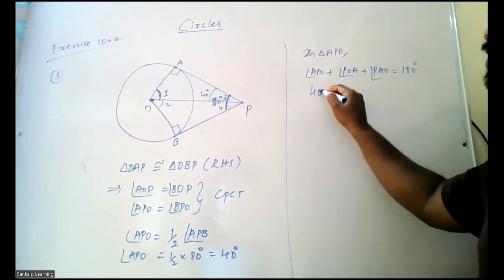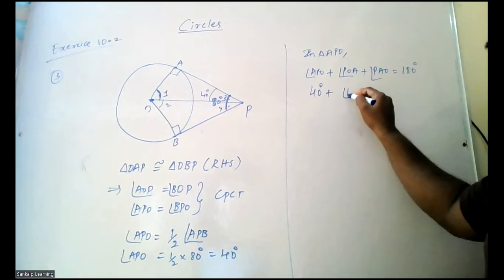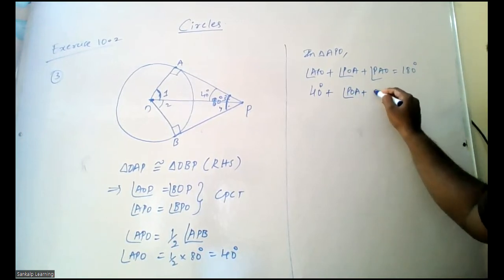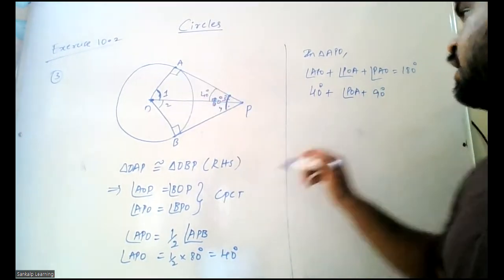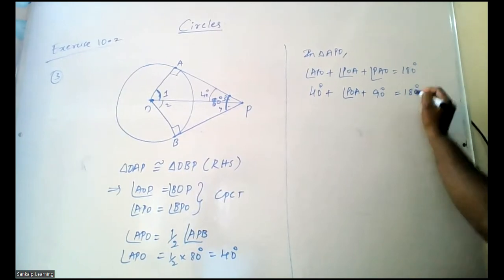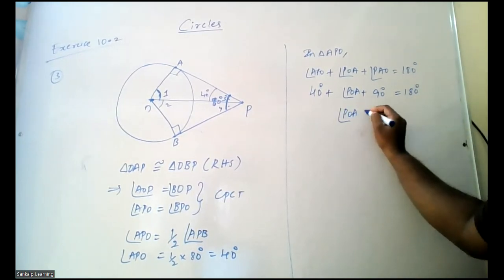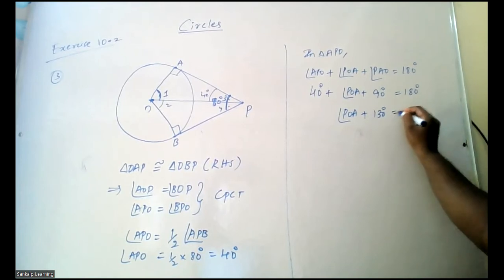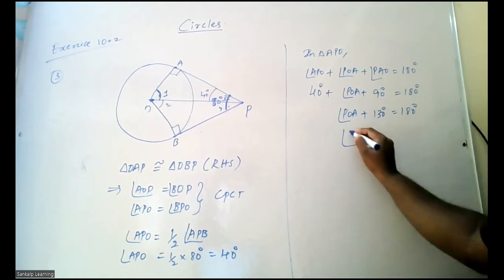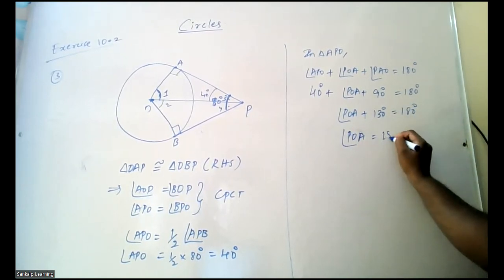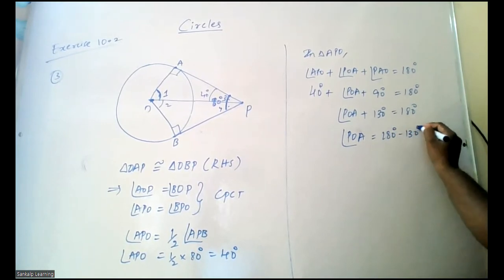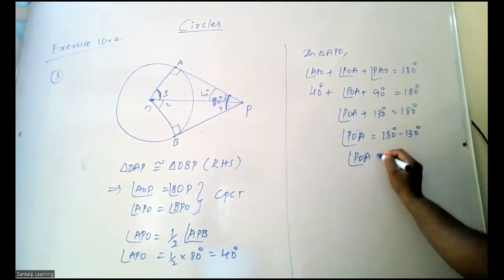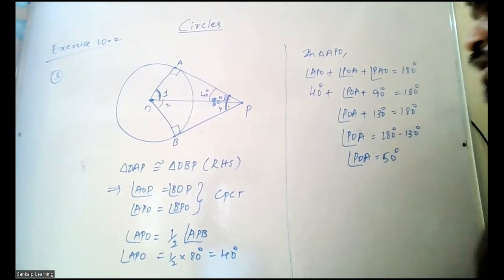APO is 40, just now we did it. POA, we have to find. PAO is 90 because at A it is 90 degrees. Therefore, POA plus 90 plus 40, that is 130, equals 180. Therefore, POA is equal to 180 minus 130. Therefore, POA is equal to 50 degrees.